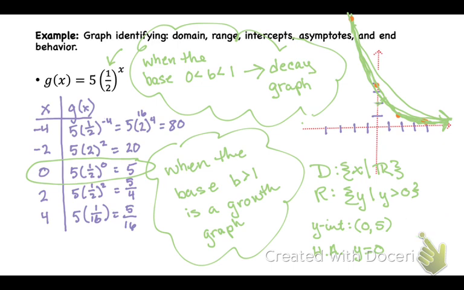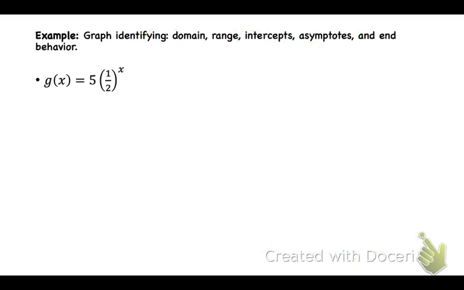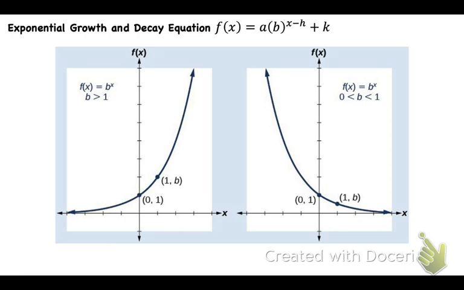Okay. Now are we good? So this is just a picture. You've already written all this stuff. The left is a what? Growth or decay? Growth, because it's going what from left to right? Up. The right is a decay. Now, they wrote AB to the X. I should have written AB to the X before.